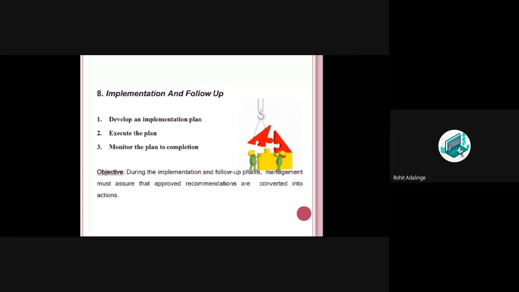So these are the steps under the implementation phase.